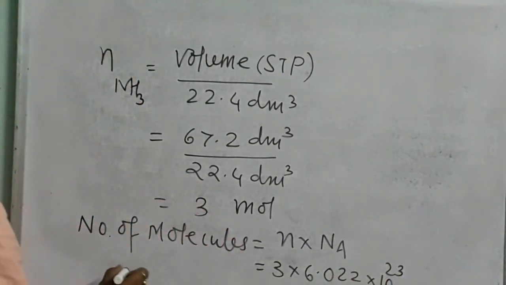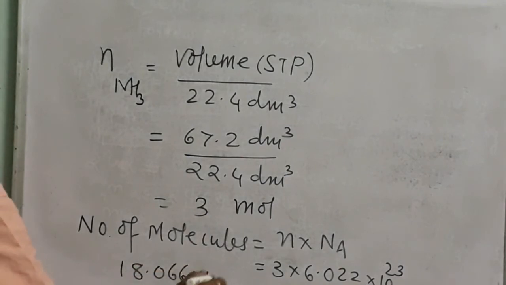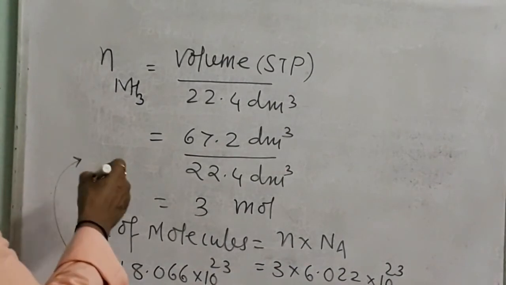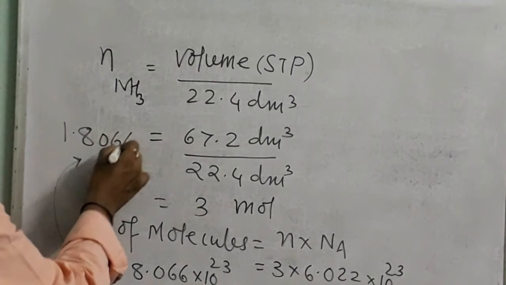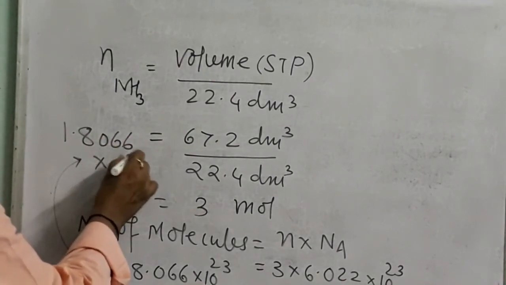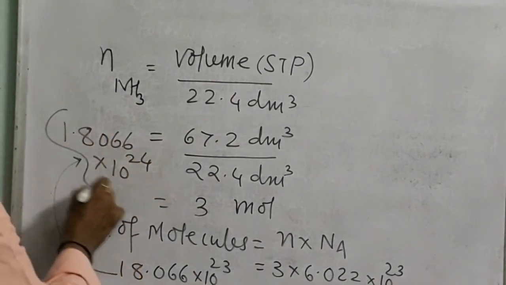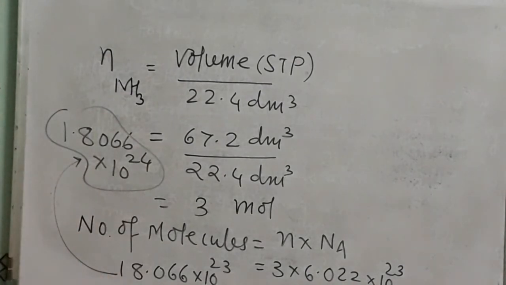If you multiply this, it will be 18.066 into 10 to the power 23, and in standard form it is converted to 1.8066 into 10 to the power 24. This many molecules will be present in 67.2 dm cube of ammonia.